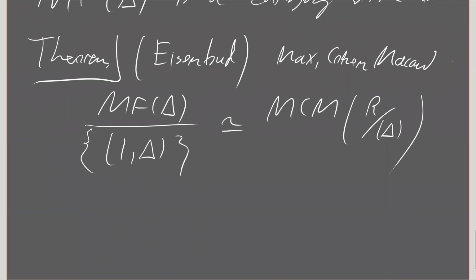Question? Yeah, please. So you said it's a category, is delta fixed in my category? Yeah, delta is fixed. We fix a particular delta, and we're looking at the matrix factorizations of that particular delta. Then how does direct sum work? So over here, direct sum is just block direct sum.